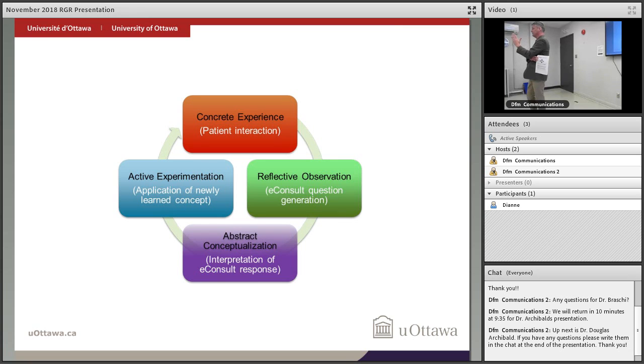Then it stops, right? As we'll see in the feedback that I received, part of this study is developing these reflective tools for the specialist and for the primary care provider. They'll take you through a series of questions. And if you don't feel that there is any learning that's been had, the questions stop. That's the end.